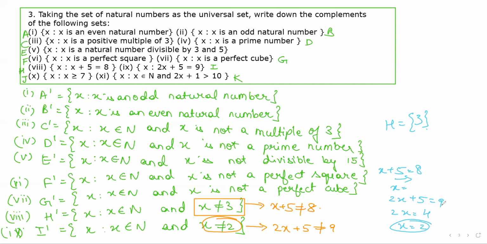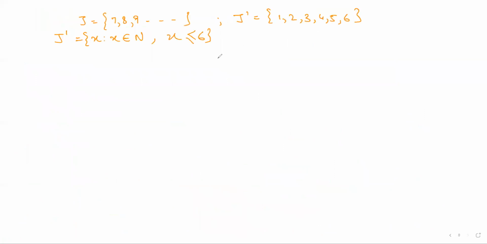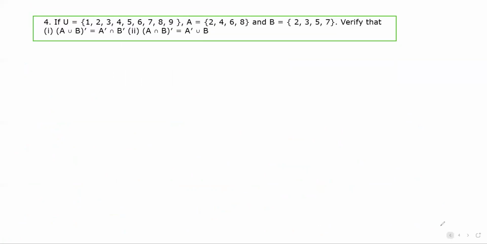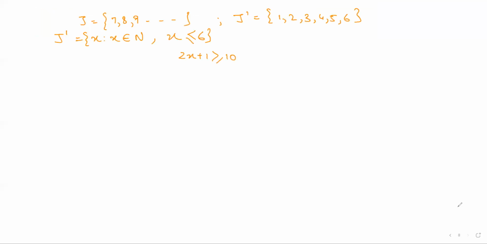X belongs to n, and 2x plus 1 is greater than equals to 10. Now there was no need to mention this natural number, but they did so. So let's rewrite it. This is k.